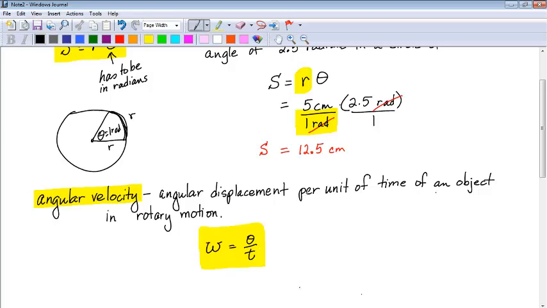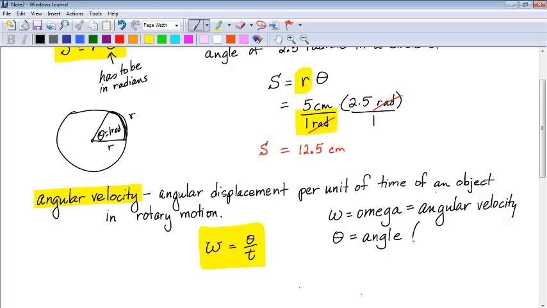On this one, the omega is angular velocity. The theta is the angle. It might be radians, it might be revolutions, it might be degrees.